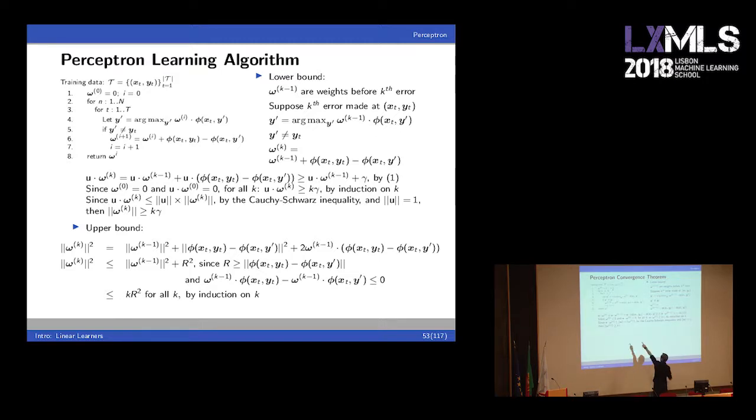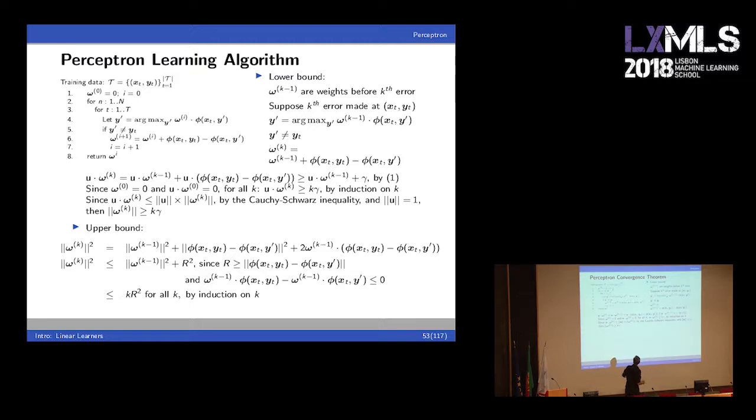So we can say that this whole term is greater or equal to u times w up to k minus 1 plus gamma, because the term u times the feature representation of the gold standard minus the feature representation of the prediction is greater than gamma.